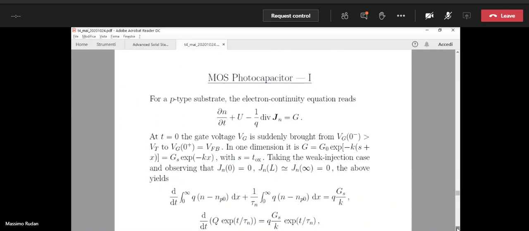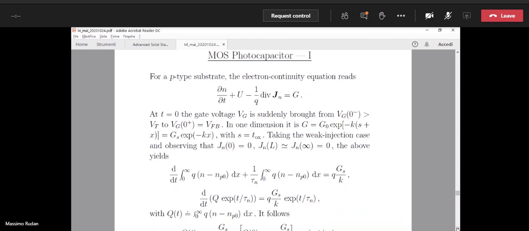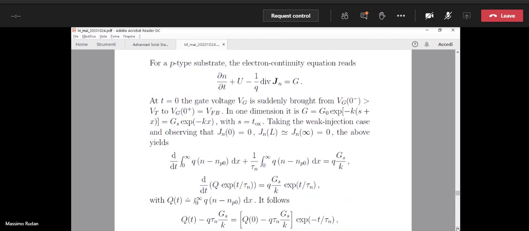This is relatively easy because we solve the electron continuity equation. As usual, we must account for both the thermal recombination U, and for this we assume the weak injection condition, so that the equation is linear with respect to n.